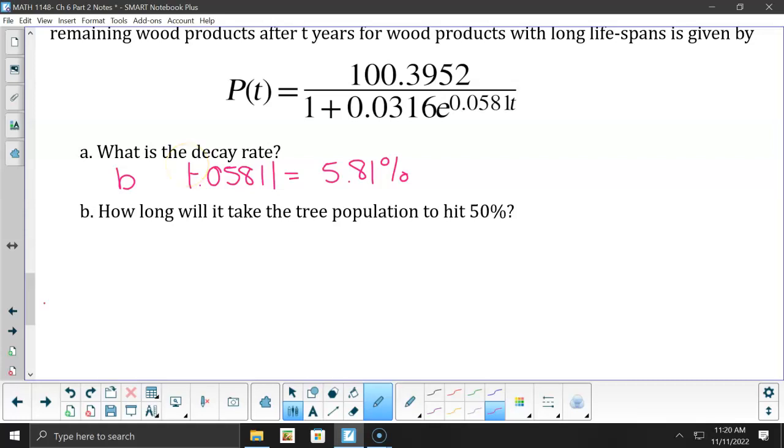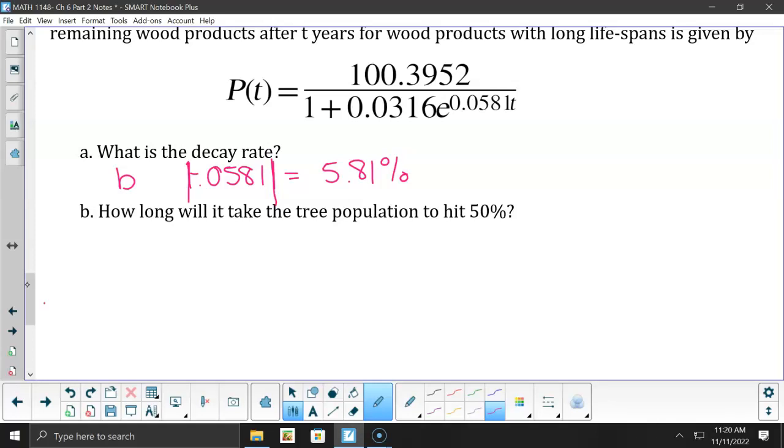It's absolute value signs. Yes, Carly. No matter what, when we take an absolute value of it, it's always going to spit out a positive.